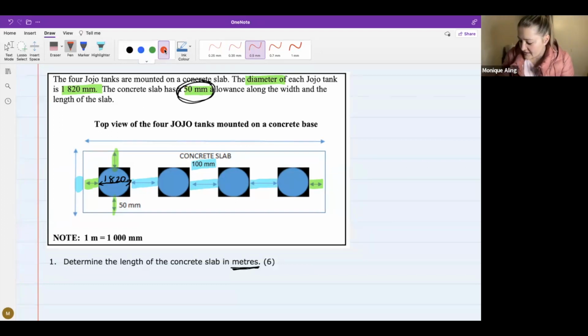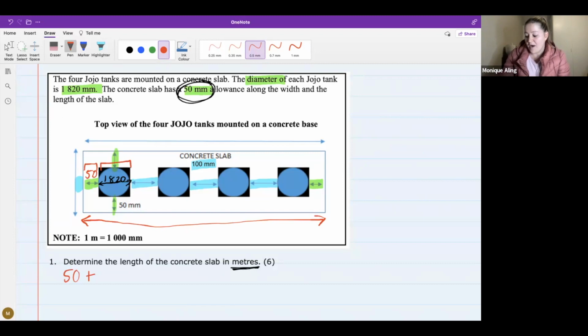We need to work out the distance from this edge to that edge. So all we do to work out the length of this concrete slab is take this 50 mils into consideration. So we can say 50 plus, then we know that the cylinder takes up 1,820 millimeters worth of space, plus the next bit of space is 100 millimeters.